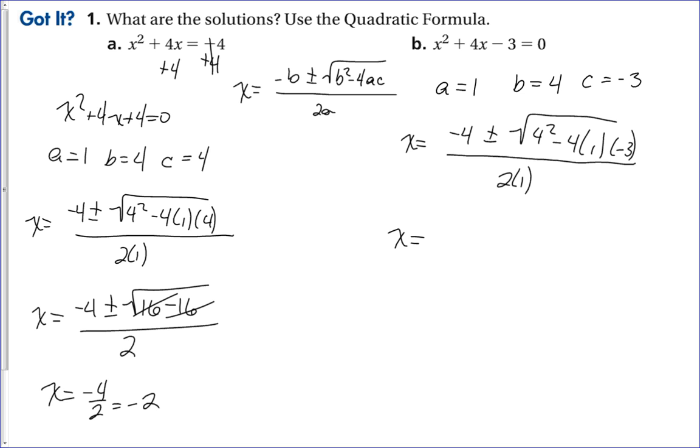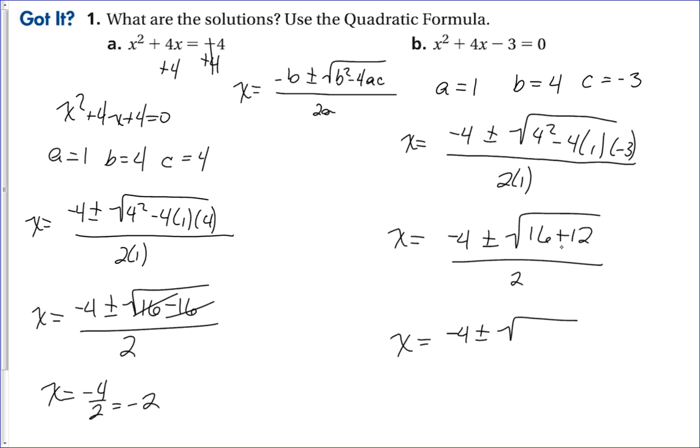So we have x equals negative 4 plus or minus the square root of 16, negative 4 times negative 3 is positive 12, all divided by 2. So x equals negative 4 plus or minus the square root of 28, all divided by 2.